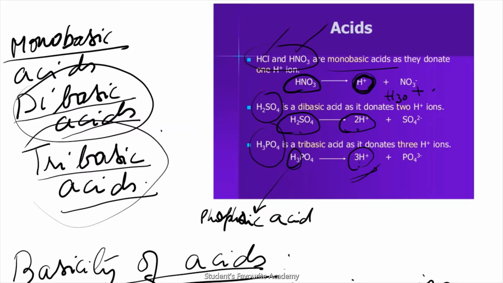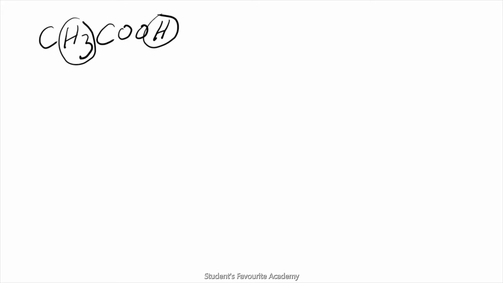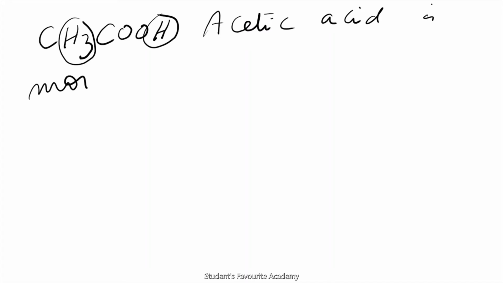Now here is a very important and oft repeated question, that is acetic acid. The formula for acetic acid is CH3COOH. So the total number of hydrogen atoms in one molecule is 4 hydrogen atoms. But acetic acid is a monobasic acid.